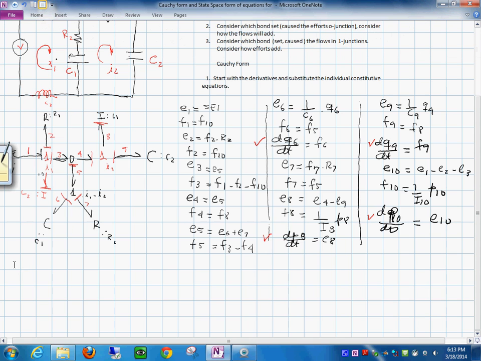So we start with the derivative. What is dQ sub 6 dt? This is equal to F sub 6, and then we just substitute what we have written here. This is F sub 5, and what's F5? F3 minus F sub 4.